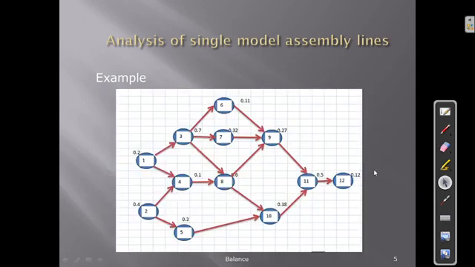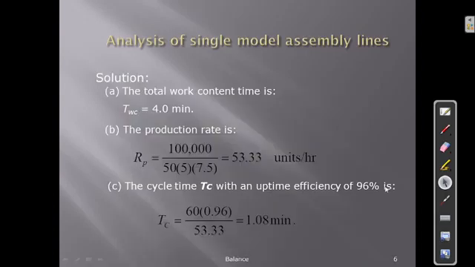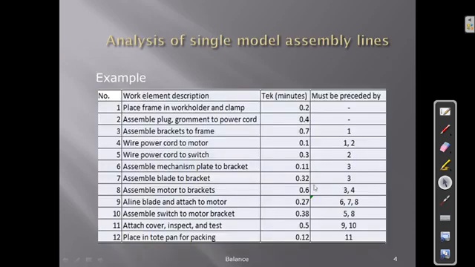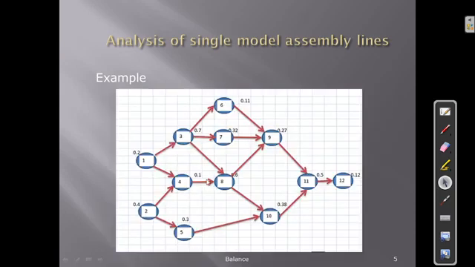So we draw like this. 6 has only one predecessor and 7 also has only one predecessor. Work element 8 has two predecessors, 3 and 4.